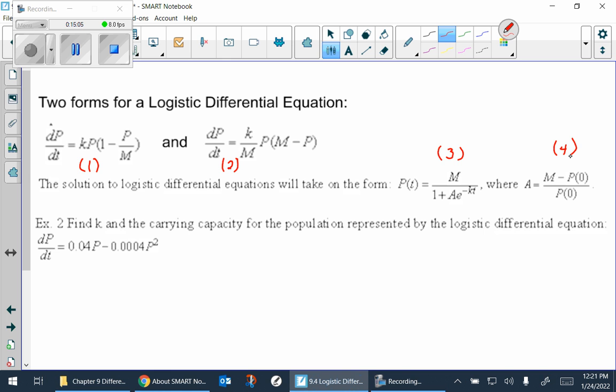Now, in example 2, we got to figure out what K is and the carrying capacity for the population that's represented by this differential equation.